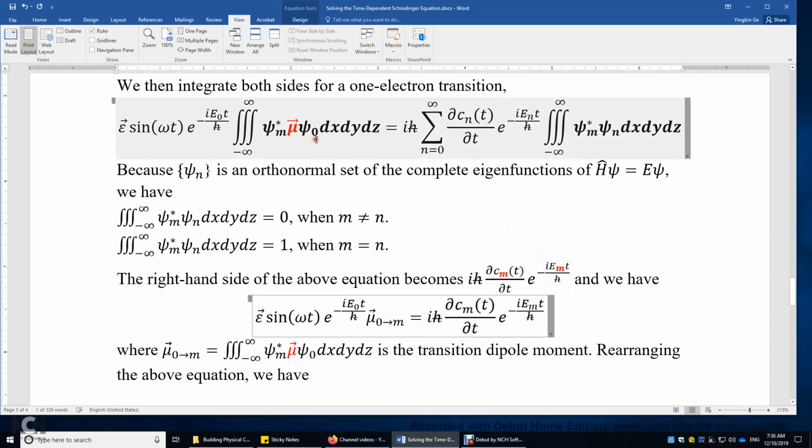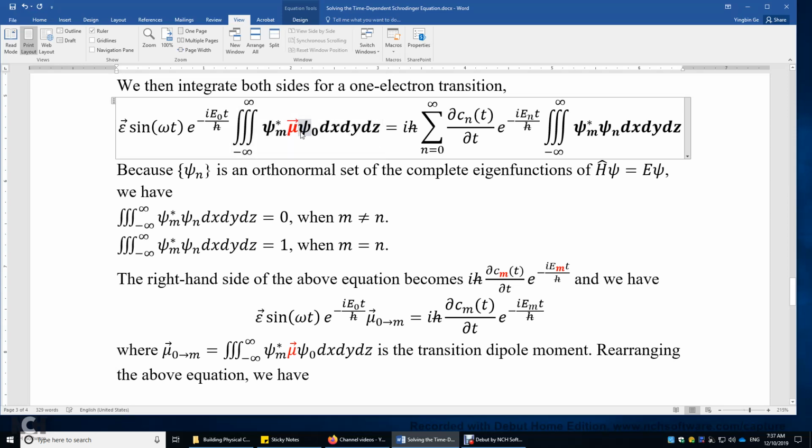On the left-hand side, well, we can use a simplified notation for this integral. This integral is called the transition dipole moment. Again, this mu is the electric dipole moment of the system. But then if you are looking at the transition from the ground state, psi sub 0, to the mth excited state, psi sub m, and then you need to evaluate this integral with mu in the middle, and it's called the transition dipole moment.